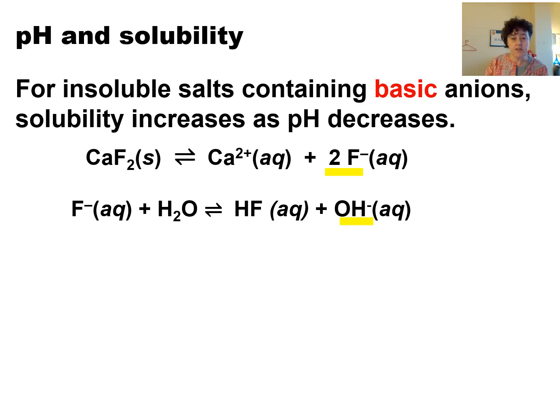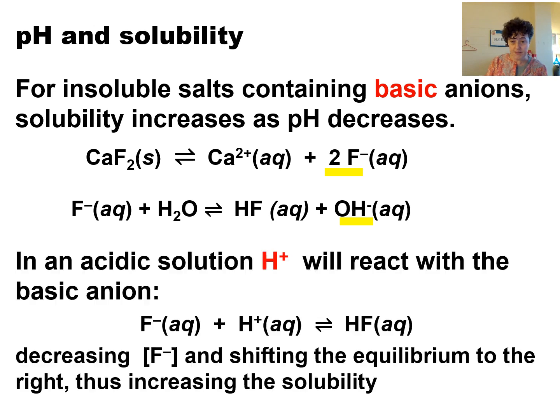So what happens if we are in the presence of an acid? What's going to be the effect on the solubility of calcium fluoride? Would we manage to dissolve more or less? So in the presence of an acid, the H+ will react with the F-, forming more HF. As a consequence, the presence of an acid has the effect of reducing the amount of fluoride ions.